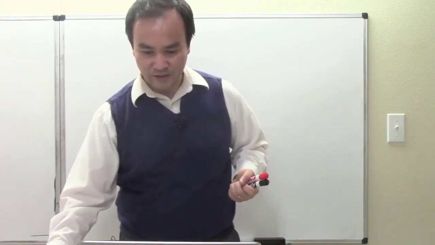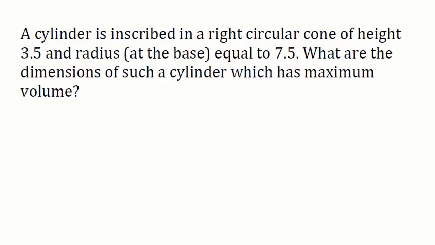All right, so now let's look at our next example. Let's spend a minute or so to read the wording description of the problem. Let's say in this problem we have a cylinder inscribed in a right circular cone of height 3.5 and radius at the base equal to 7.5.